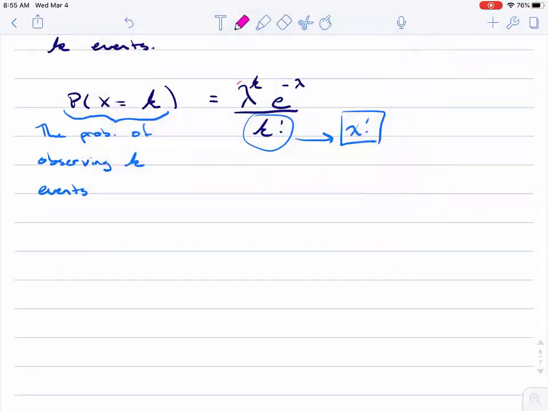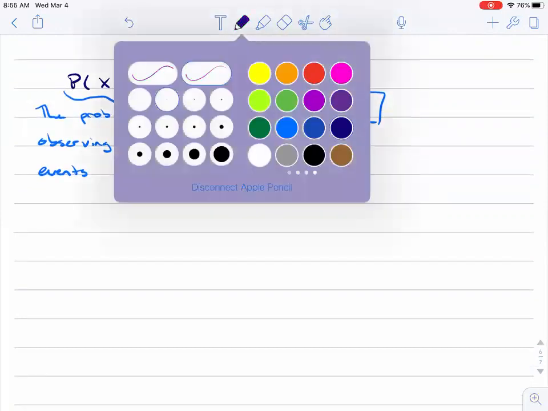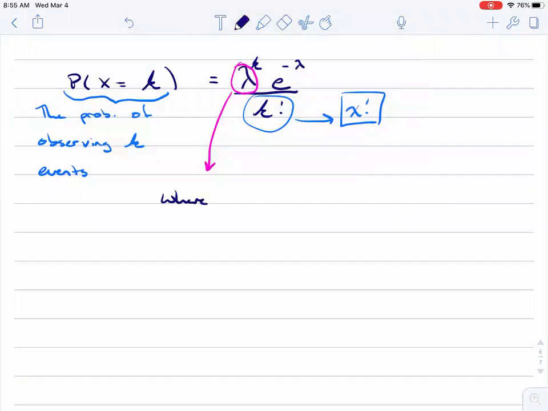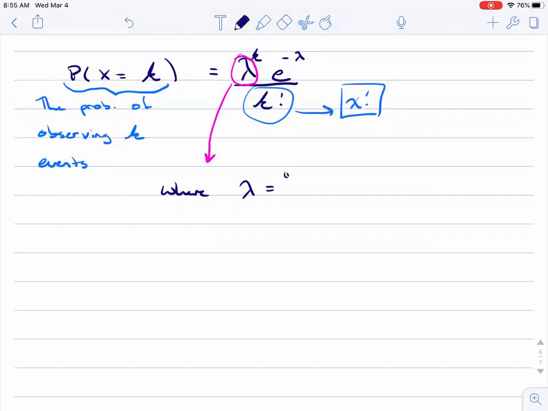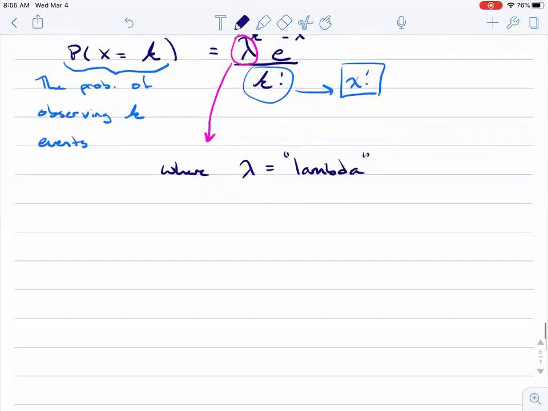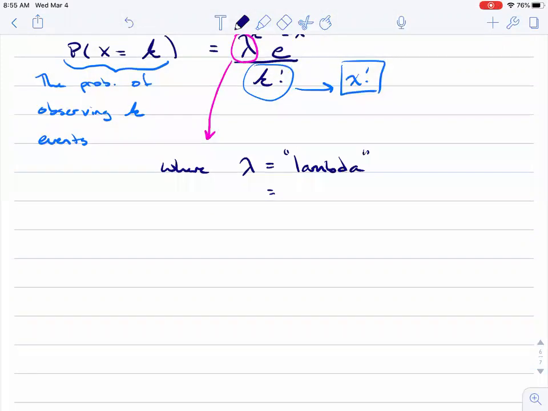Actually, let's circle this lambda here, although it occurs twice, where lambda is the rate or the mean rate. Sometimes a question might say, you can assume it follows a Poisson with a mean of this.